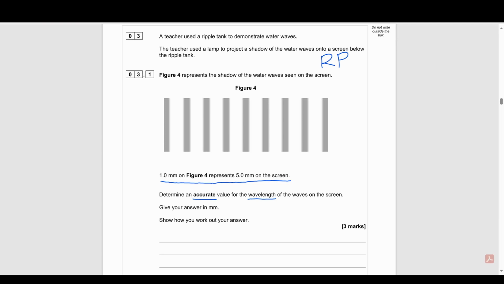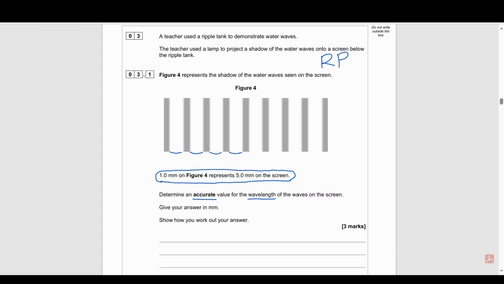So what we're really trying to find out is the distance between the two waves, because each of these solid lines are the water waves. Now, the key information that they've given us here is 1 millimeter on this figure represents 5 millimeters on the screen.